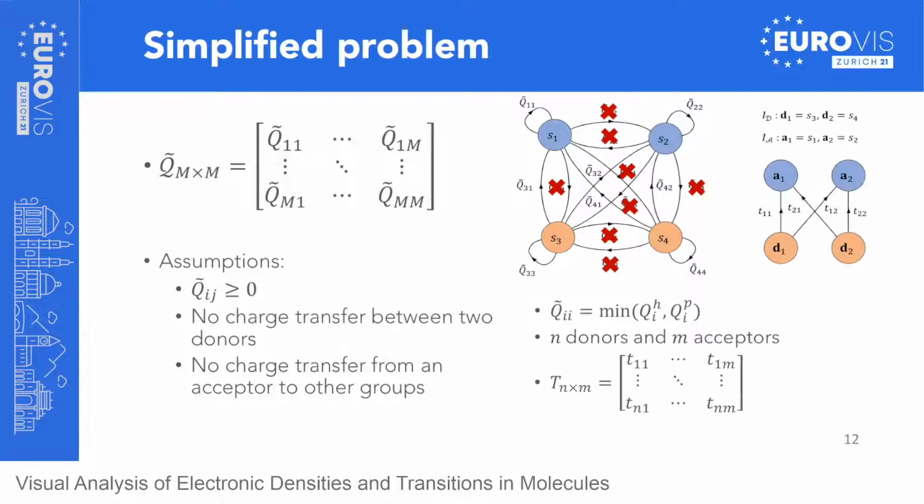So now the diagonals of the matrix are determined, and the unknowns become fewer. So we have a smaller n by m matrix where n is the number of donors and m is the number of acceptors. And in terms of the graph representation, the problem changes from unknown weights of a complete directed graph to a bipartite graph.